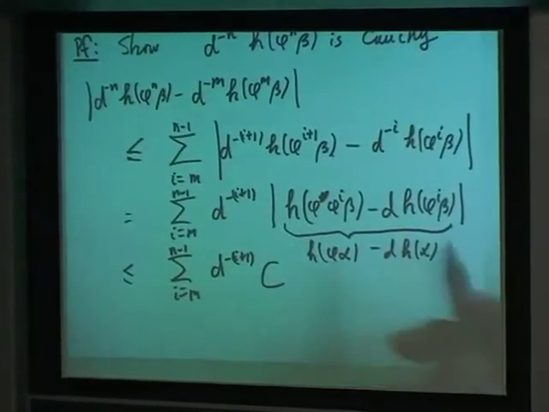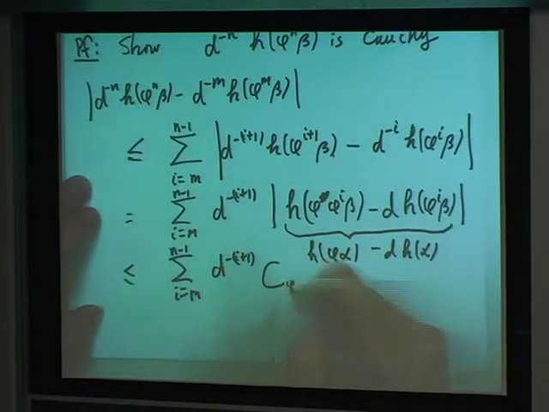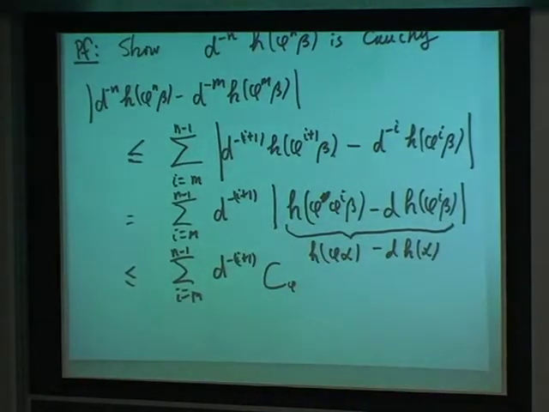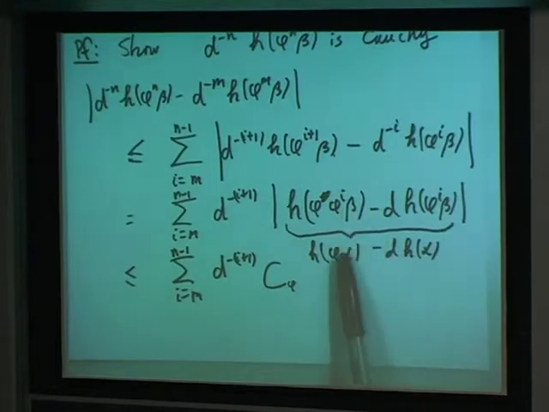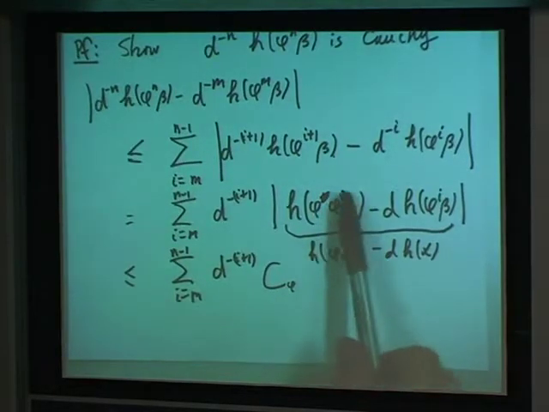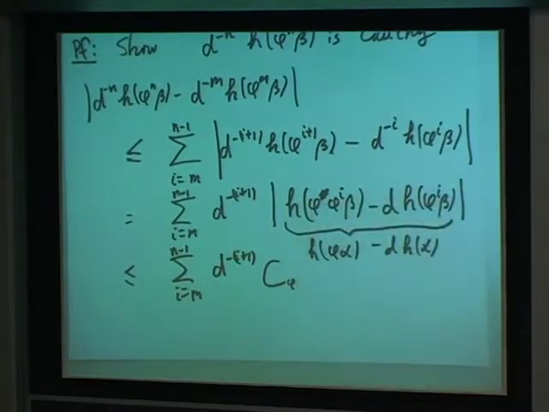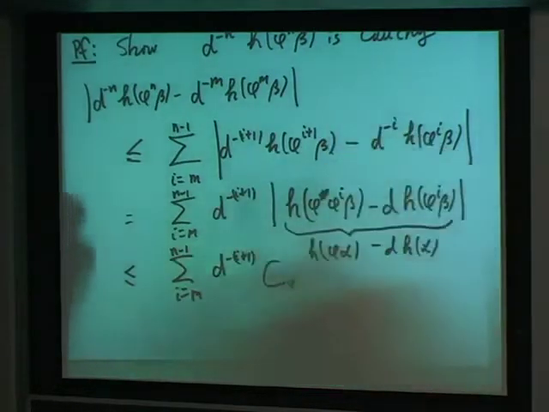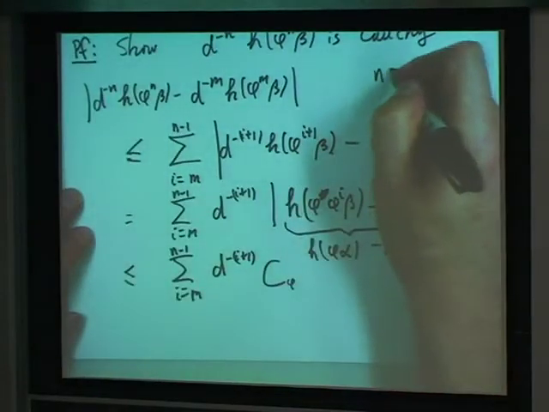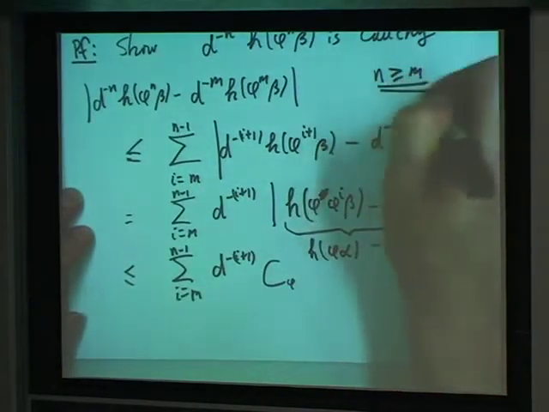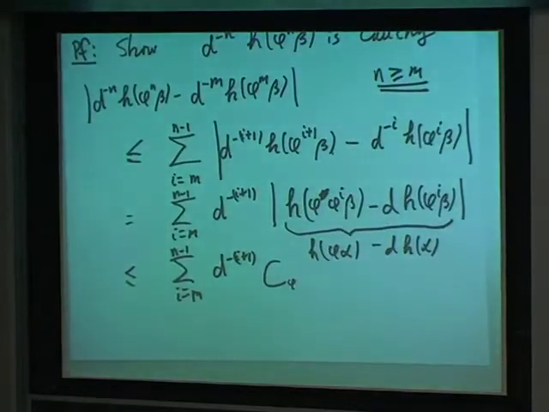And if you want to be careful about it, the constant depends on phi, but it does not depend on beta or alpha, which I'm calling alpha. So it doesn't depend on i or beta. And now I just have a partial geometric series here. I guess I didn't say it, but obviously here I'm going to assume that n is greater than or equal to m, say.